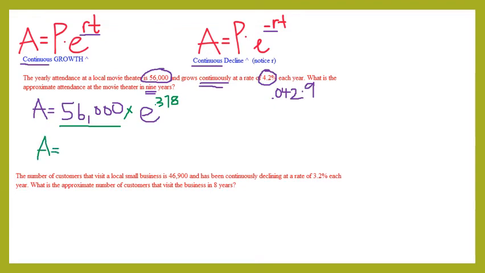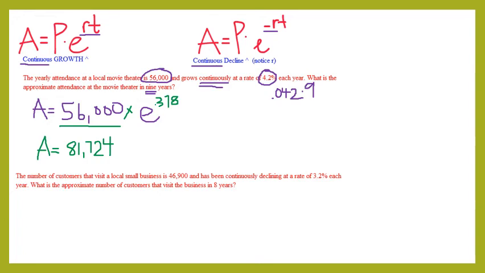So when I multiply by 56,000, I'm showing the population at the movie theater, if it continuously grows, will be 81,724 people after 9 years. That is different than the growth factor that we were doing before, okay? You have to use this formula if the problem says continuously.